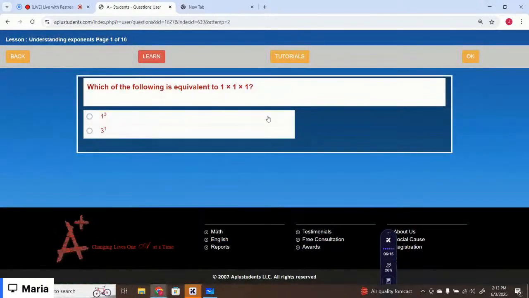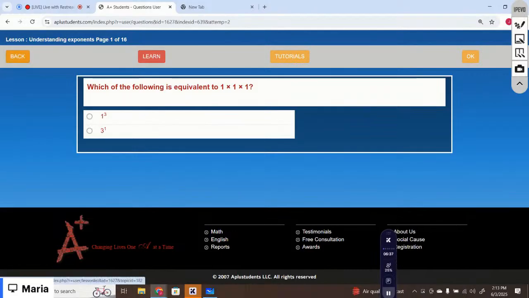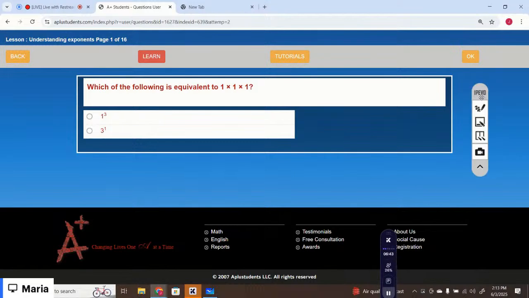Which of the following is equivalent to 1 times 1 times 1? So here we are multiplying 1 three times, right?